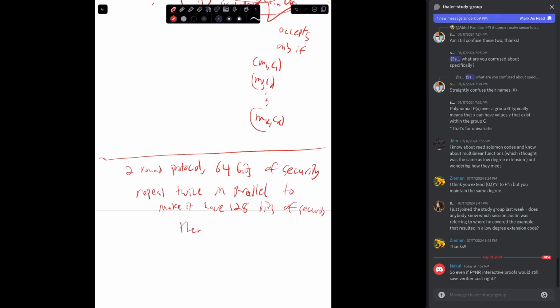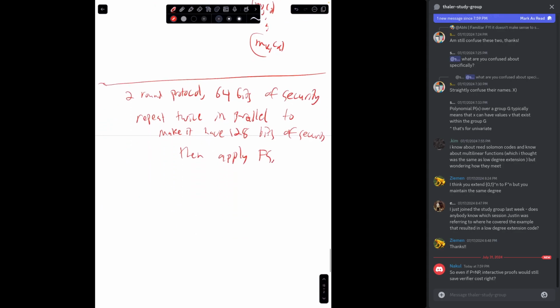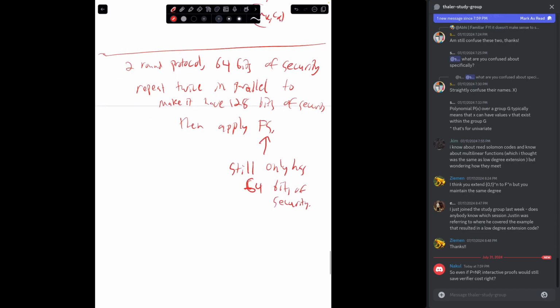And then apply Fiat-Shamir. Okay. It turns out this is not secure. The Fiat-Shamir thing still only has 64 bits of security. So it's as if you didn't repeat it at all. And the same attack works.